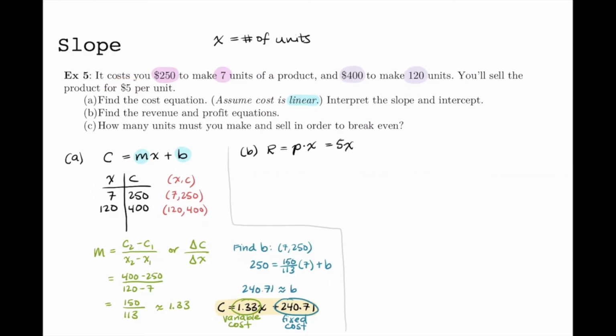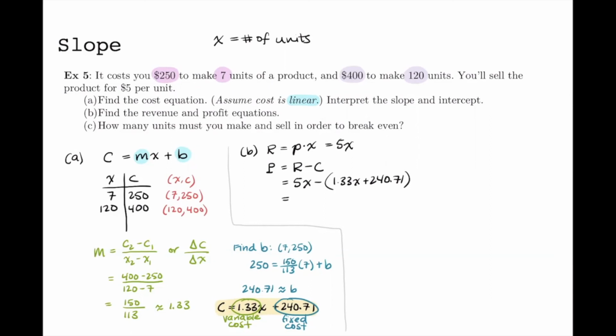Now our profit equation, using capital P to distinguish that from price, is always revenue minus cost. So revenue is 5x and cost is 1.33x plus 240.71. And be careful when you're subtracting costs. We will always need parentheses around it because it's going to consist of more than one piece. So we need to make sure that we're subtracting all of it.